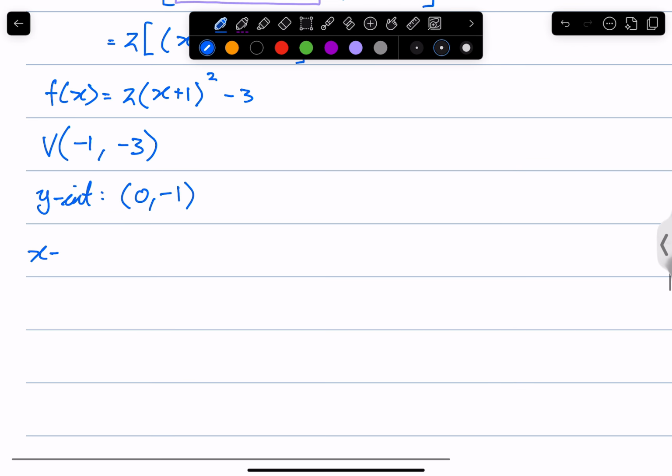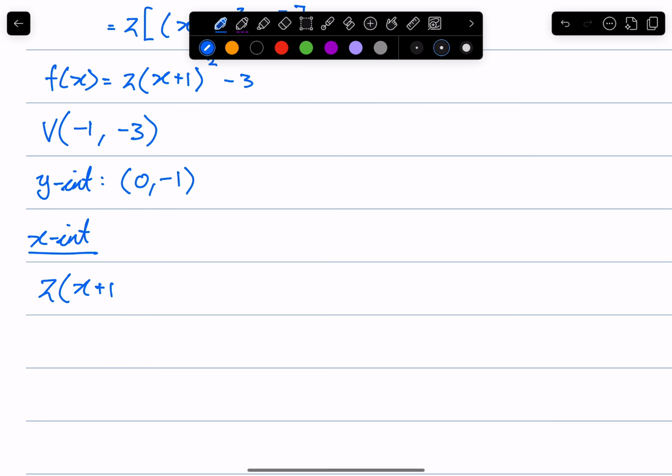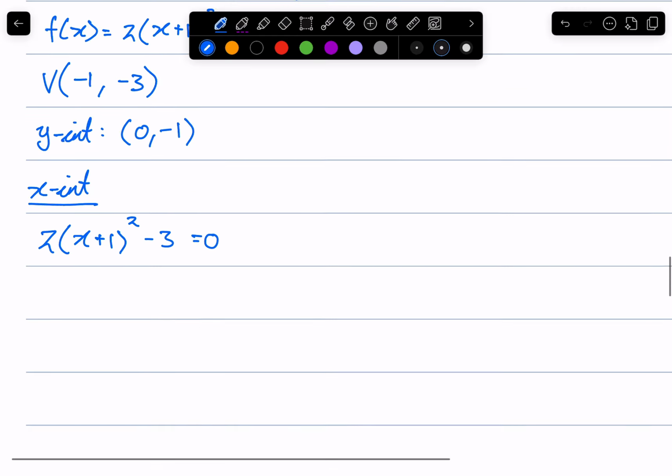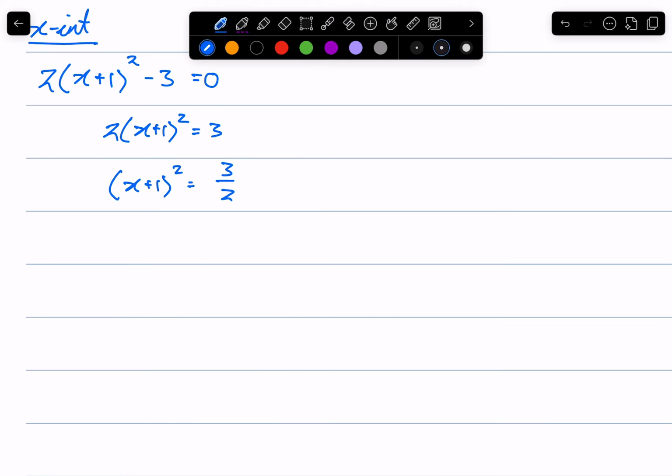And lastly, our x-intercept, we're going to let this expression equal 0. So 2 times x plus 1 squared minus 3 equals 0. And now solving this, we move the 3 across, dividing by 2, taking the square root of both sides, there's an interesting thing that we can do with this one.